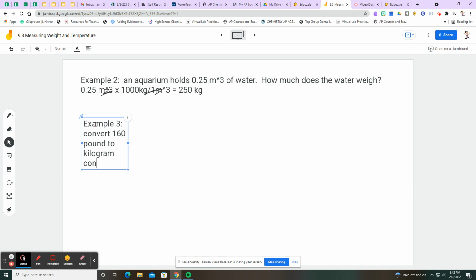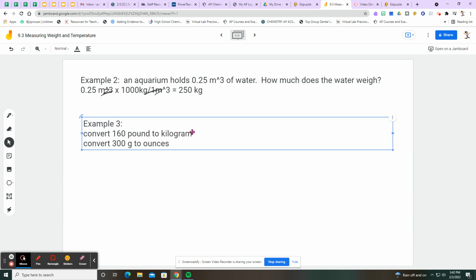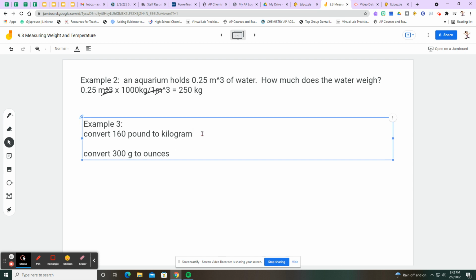And then it says to convert 300 grams to ounces. Again, these are not conversions that you should have memorized at all. They're conversions that are in the table on page 604, table 9.11. They tell you the different conversions for pounds to kilograms and for ounces to grams and things like that.